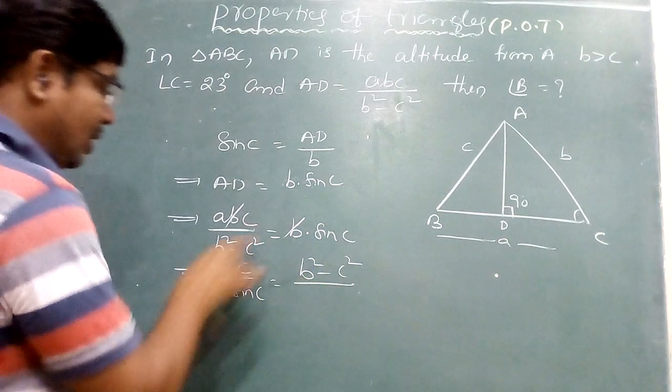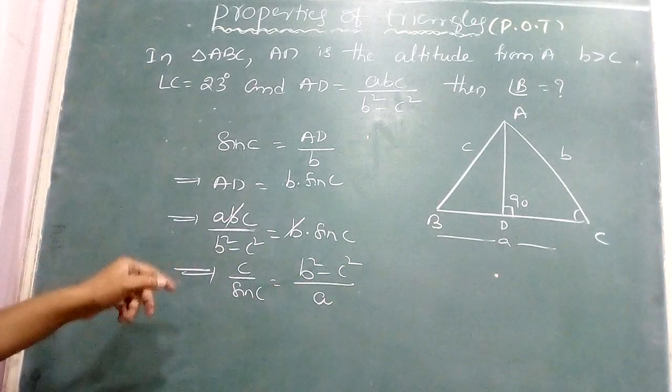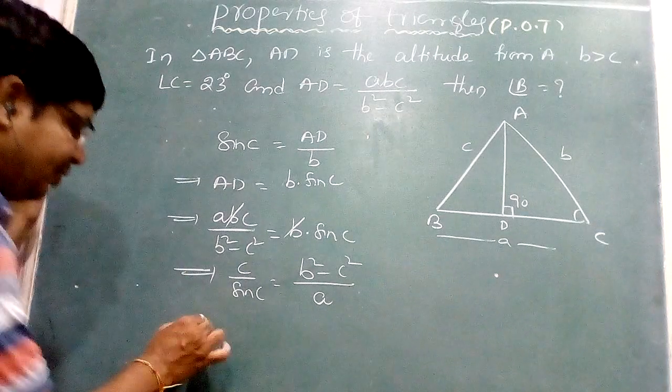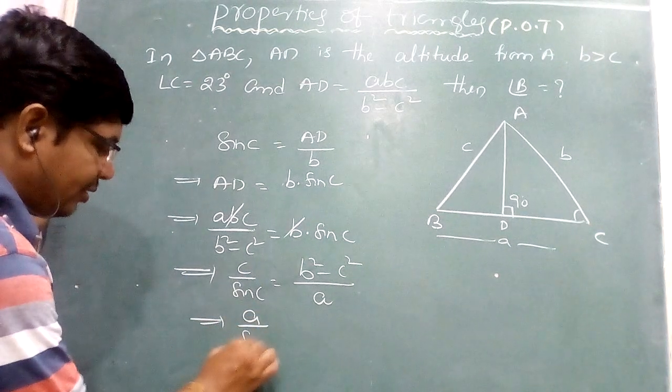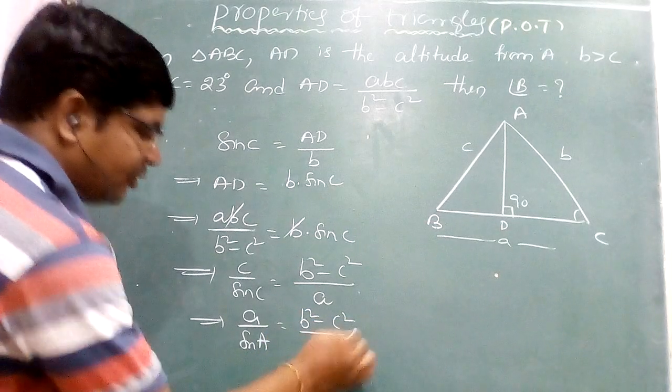(b square minus c square) by a square, c already is there, now this goes to a. By using the sine rule, a by sin A is equal to c by sin C. In place of this one, written as a by sin A is equal to (b square minus c square) by a square.